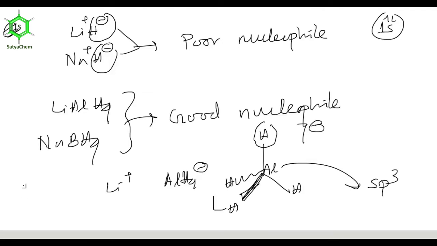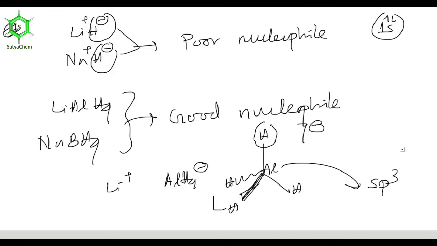As a result, this hydride gets some directional character because there is an overlap between the sp3 and 1s orbitals. That is why complex metal hydrides are good nucleophiles, because they get some directional character. Is that clear?